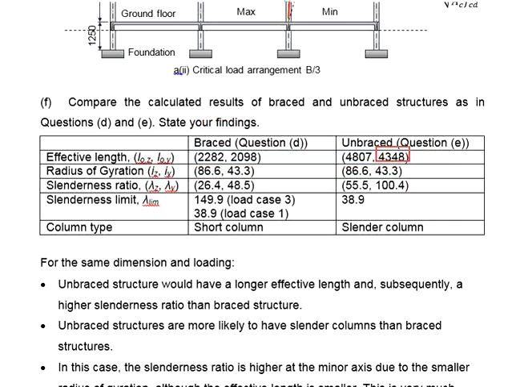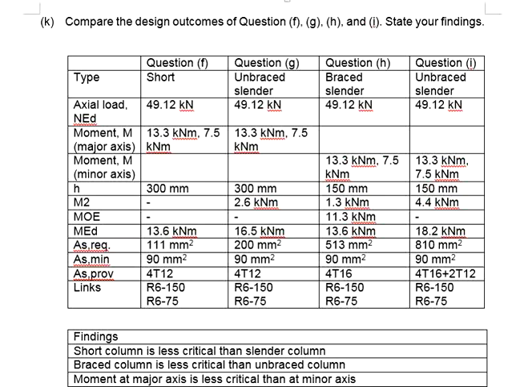They also vary in terms of the major and the minor axis. Due to the variations in the radius of gyration between the major and the minor axis, your slenderness ratio also differs quite significantly. Now that your L0 differs and your slenderness differs, then you will get different M2.